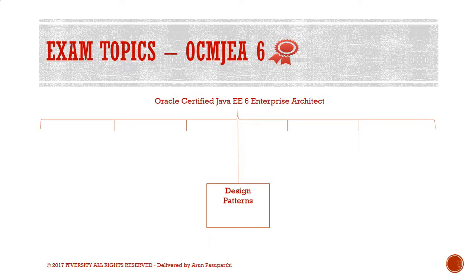Along with the design patterns, you will also be questioned on anti-patterns. Anti-patterns are patterns of things that are done in an enterprise which do not yield positive results. There are anti-patterns like the golden hammer. The golden hammer anti-pattern says that no matter what the situation is, I would always want to use the same technology.